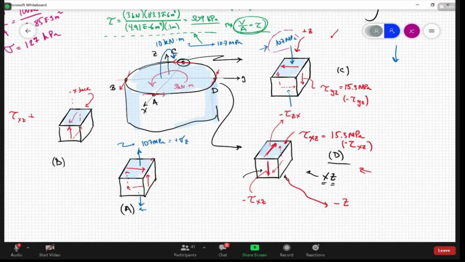On this cut blue face, the top face at point D, which direction does that 3 kilonewton traction act? Which is here, right? This one's easier, right? It's going to act in the same direction as the shear due to the torsion. It's going to act in this direction. Does everyone see that?